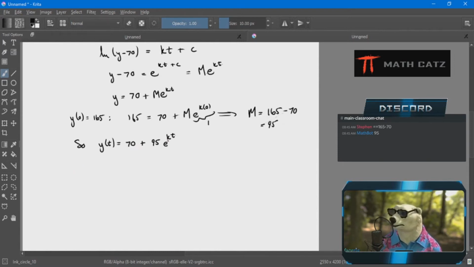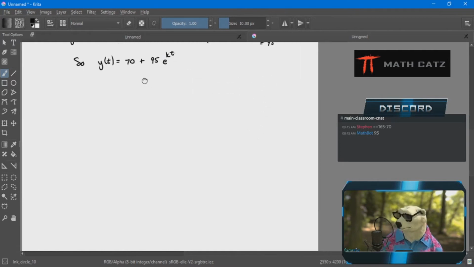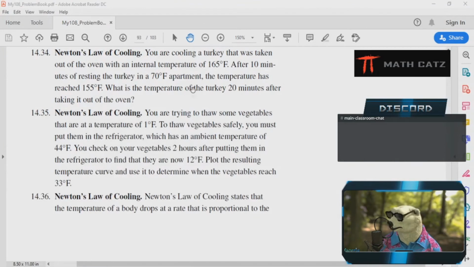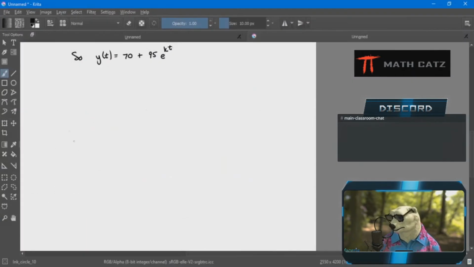I don't know my quote-unquote decay constant. But they do tell me something. They tell me that after 10 minutes, the temperature has reached 155. So let's write that here.